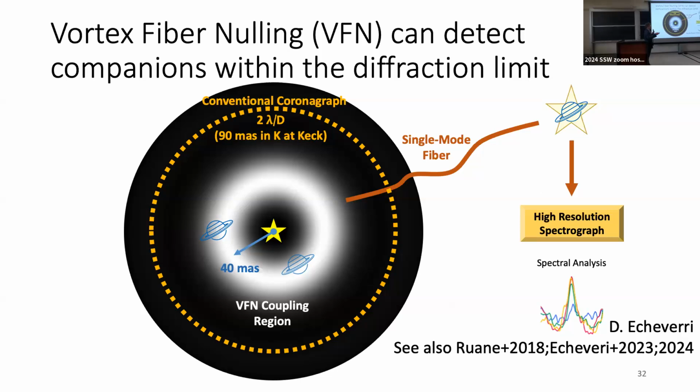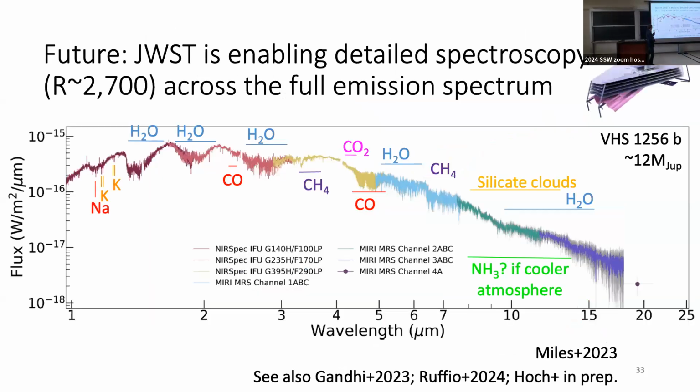The idea is that you use the combination of both to create an annulus of sensitivity within the full width at half maximum, the spatial resolution of your telescope, so you can get really close in, like 40 milliarcseconds here. Dan Echeverri is working on this.